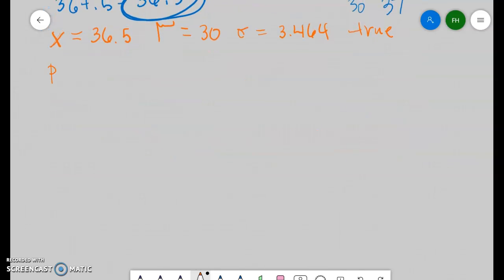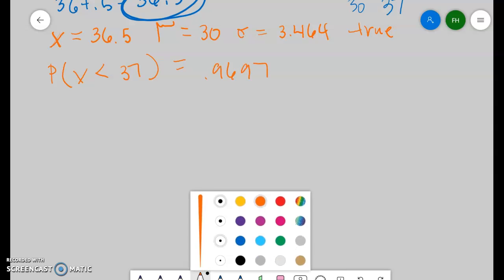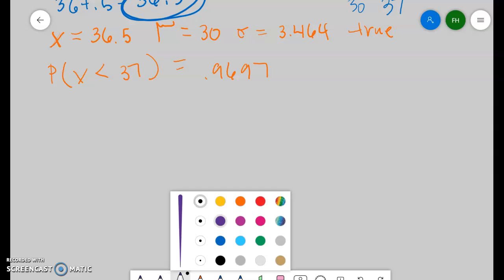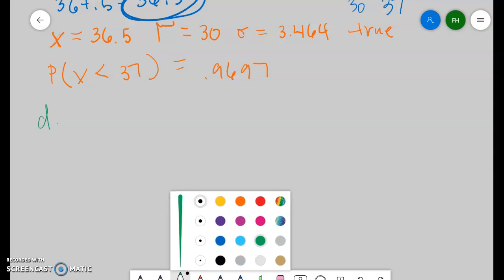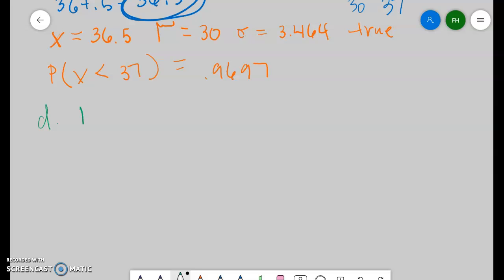Okay, let's go on to D, the probability of more than 26 successes. So in part D, we want to know the probability that X is greater than 26. So let's see what that would look like.